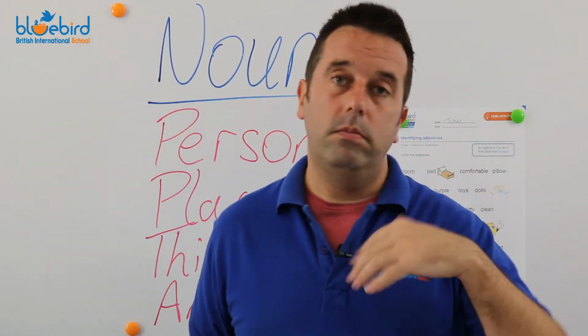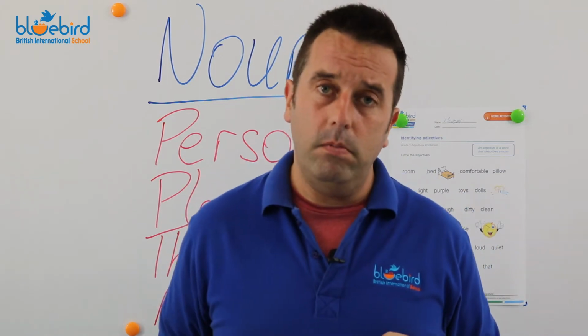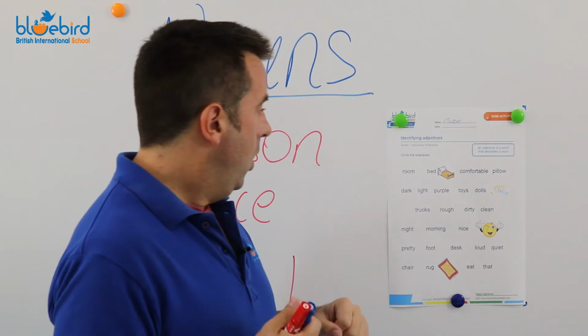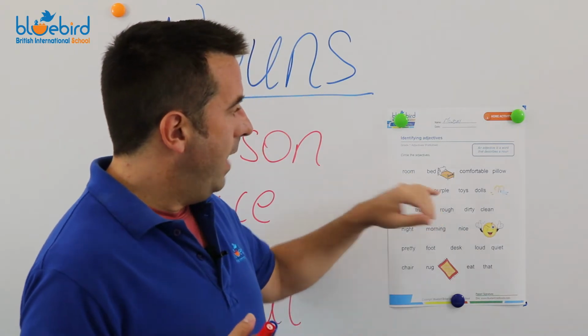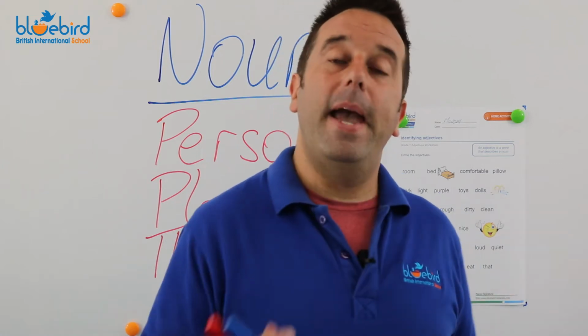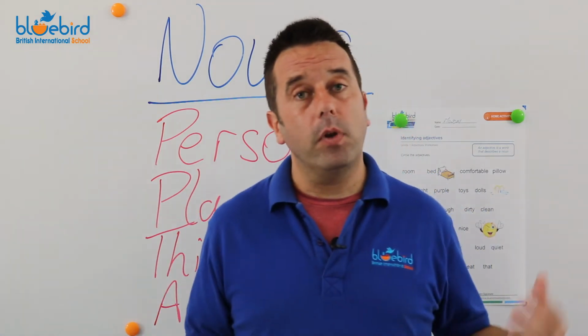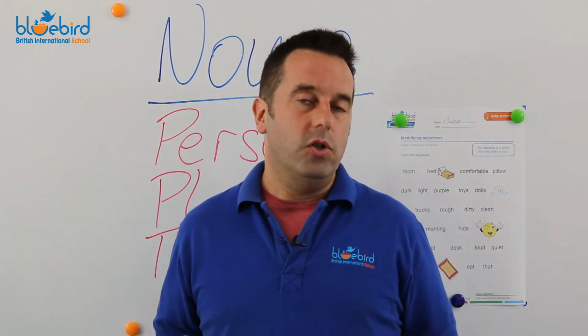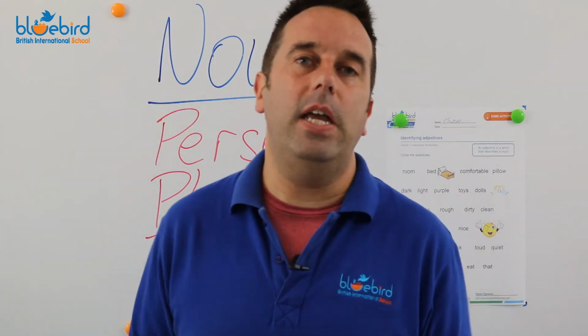Comfortable. Could a bed be comfortable? Is that a description? What about room and bed? Room is a place. Bed is a thing. Nouns. We're looking for a description. So this is what an adjective is.